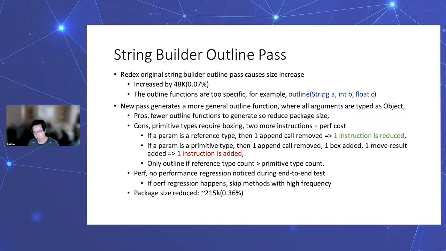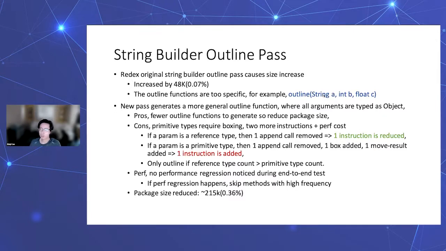for primitive types in Java, if you want to convert one to an object, we need to do boxing. So we need to do boxing to basically copy it to the heap, then return a pointer, then send this pointer as an object pointer to the outline function.